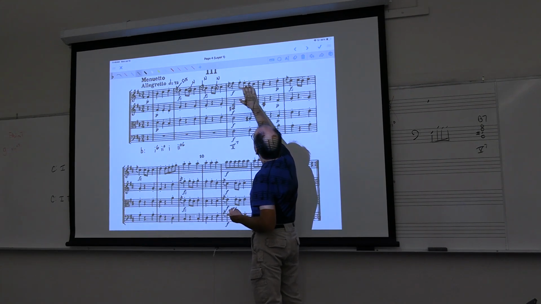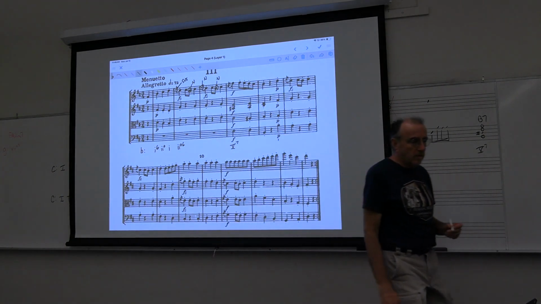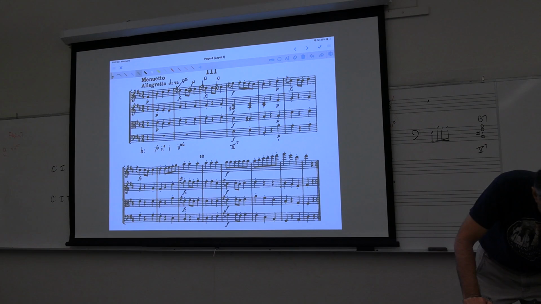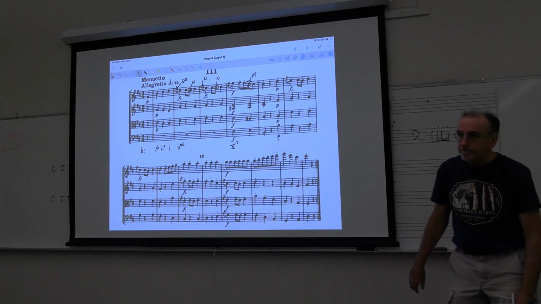The F, the E, and the C are all part of the chord. The D is not part of the chord, so that would be the passing tone.